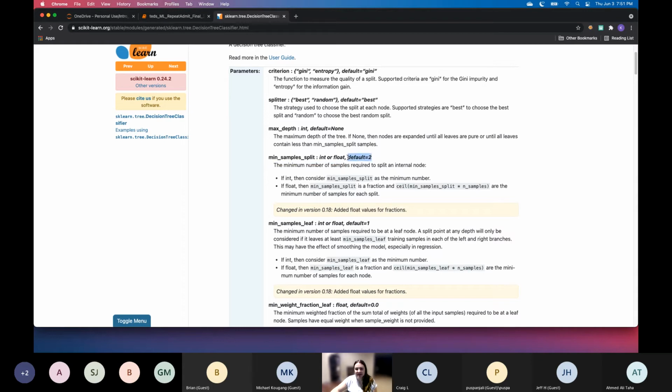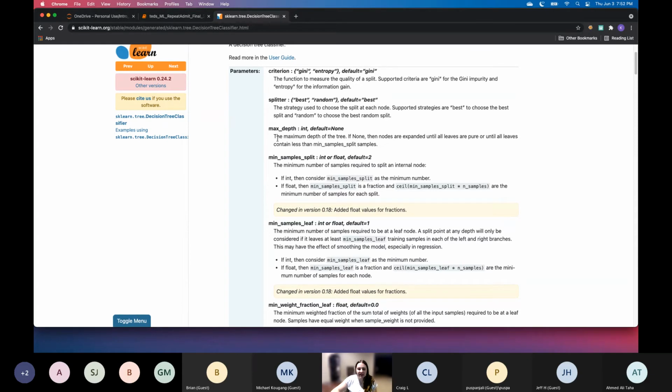Sometimes it has a default. In this case, it's 2. So the default often gives you kind of a starting point. So 2 is the minimum here, so you could go up from there. Also, just reading and help in Googling this may help as well.